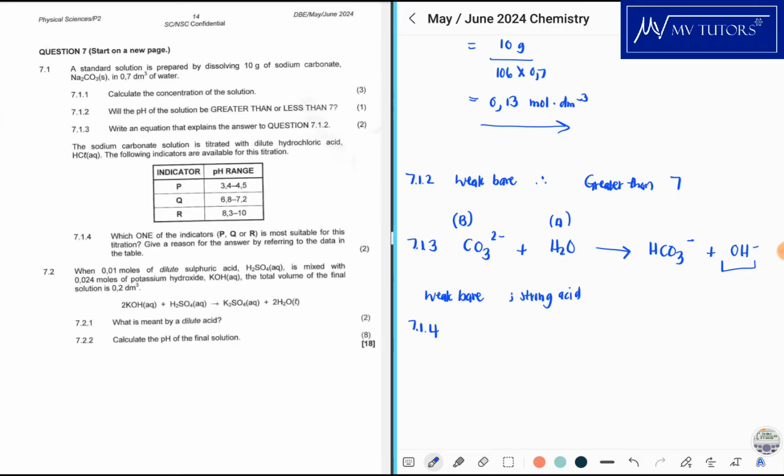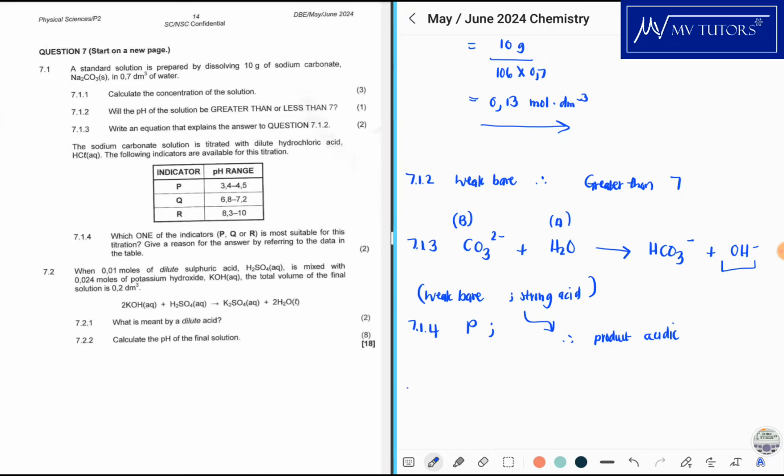Which one of the indicators P, Q, or R is most suitable for this titration? Give a reason for the answer by referring to the data in the table. I'm expecting P to be suitable. And why? We have a weak base and a strong acid, therefore your product should be acidic. Therefore you're expecting the pH range to be less than 7.